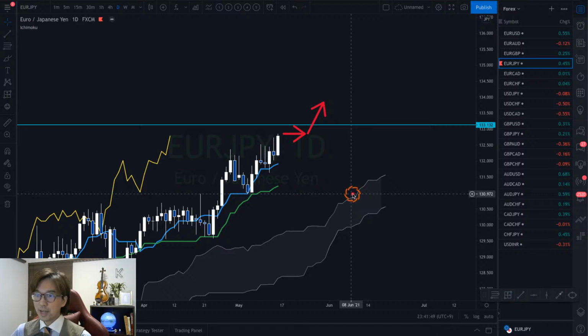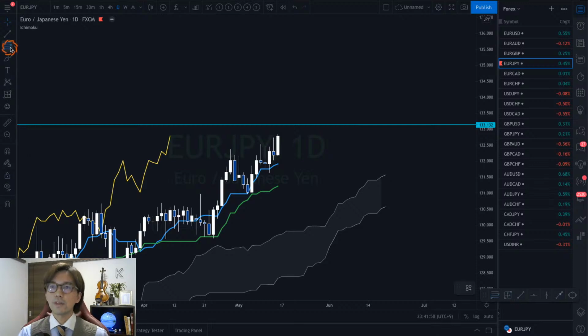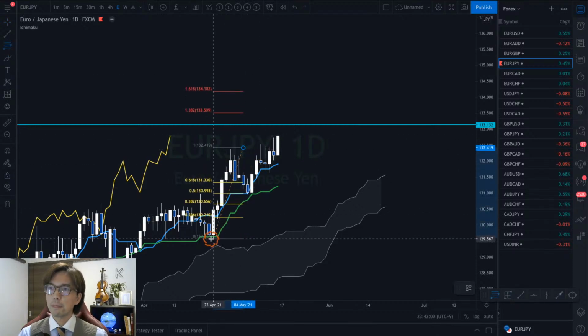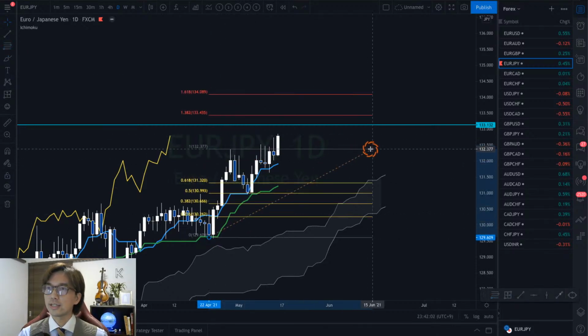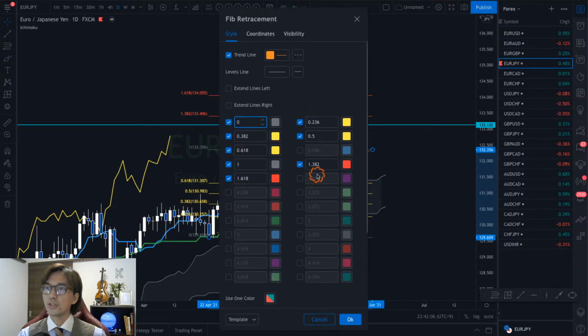Wong says, hi Kay, how do you add the additional 2 lines of extension? Is it built in the indicators? So in terms of the Fibonacci extension, you simply go to the settings and manually click two other columns, and you input one of them as 1.382, the other one 1.618.